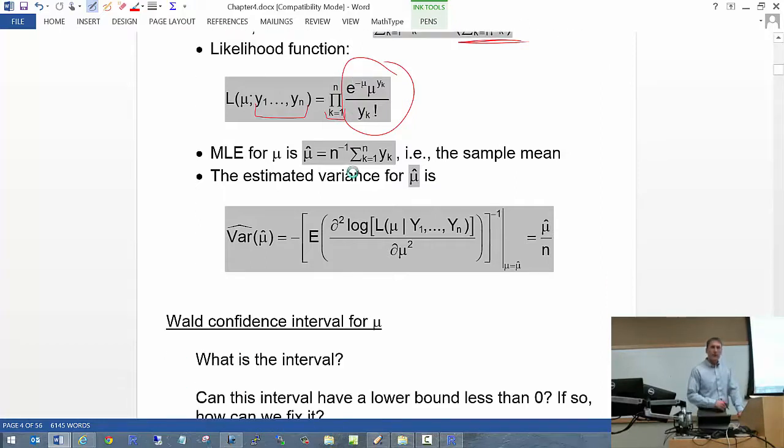Also, remember those nice little properties in section 1.1 that I stated for maximum likelihood estimators? Well, they all hold true here too. For example, the estimated variance of my mu hat: again, you can use the second derivative of the log likelihood function, take the expected value, invert it, do all the math, and you get mu hat divided by n.